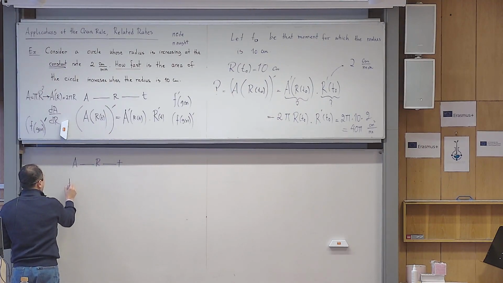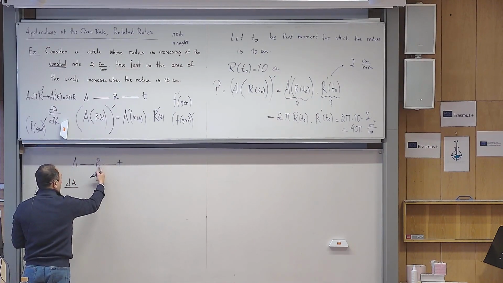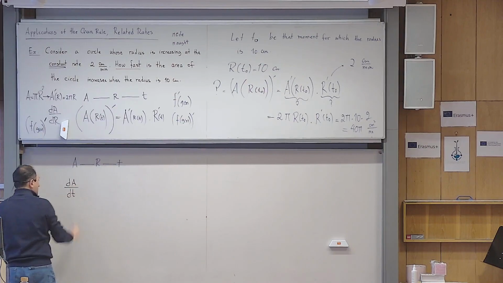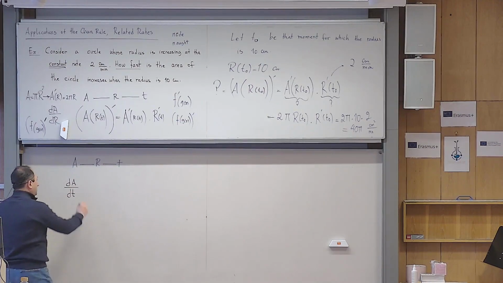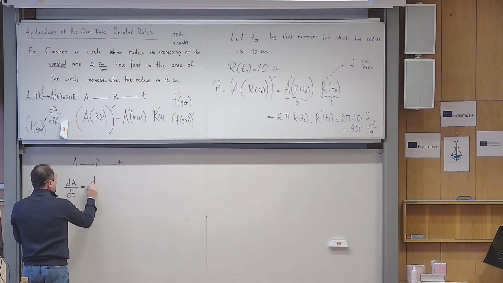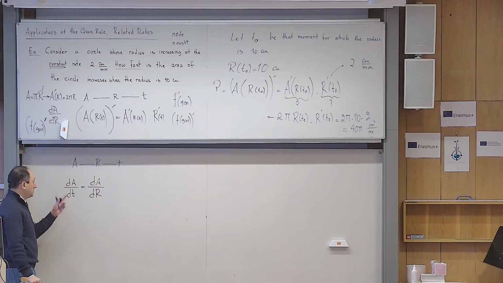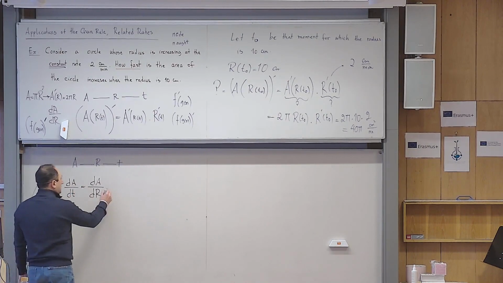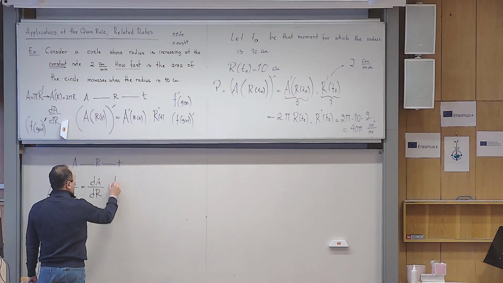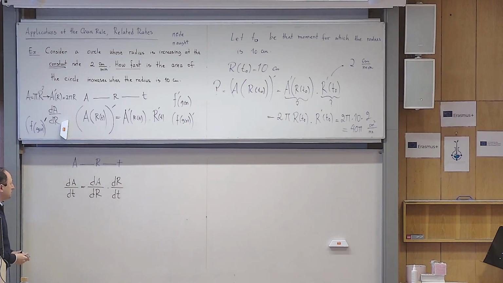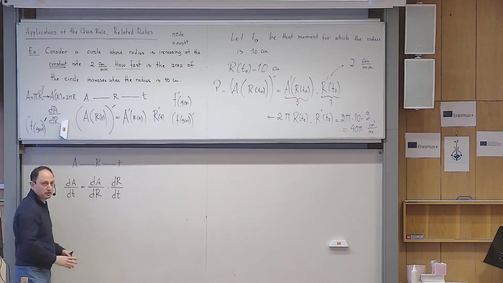This tells me that I want the derivative of A, but not with respect to R, with respect to T. And then you take the derivative of A with respect to the middle variable. So I am using the Leibniz notation. dA/dt is dA/dR multiplied by the derivative of R with respect to time. And memorizing it is extremely simple because you can pretend as if they are fractions.